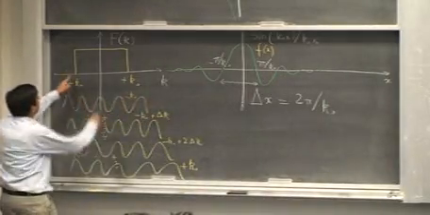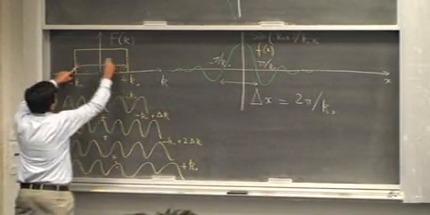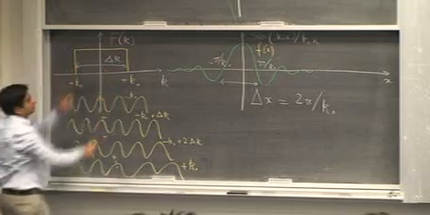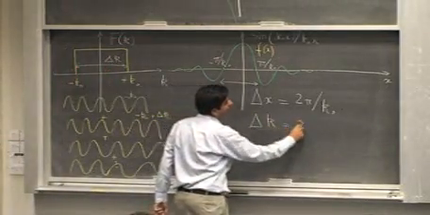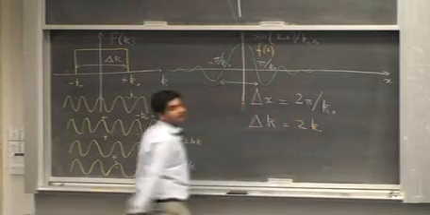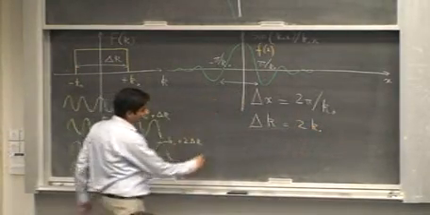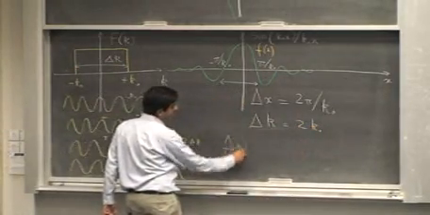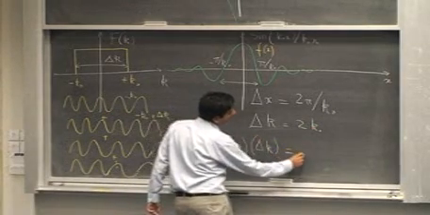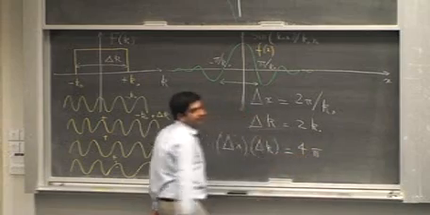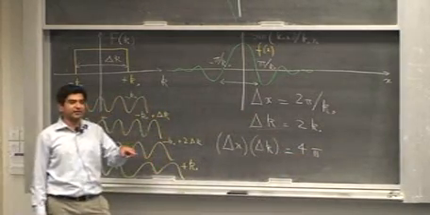And what's the value of delta k? What's this width equal to? Delta k is 2k naught. So what's the product of these two variables? Delta x multiplied with delta k gives you 4 pi. And this is once again the uncertainty principle.